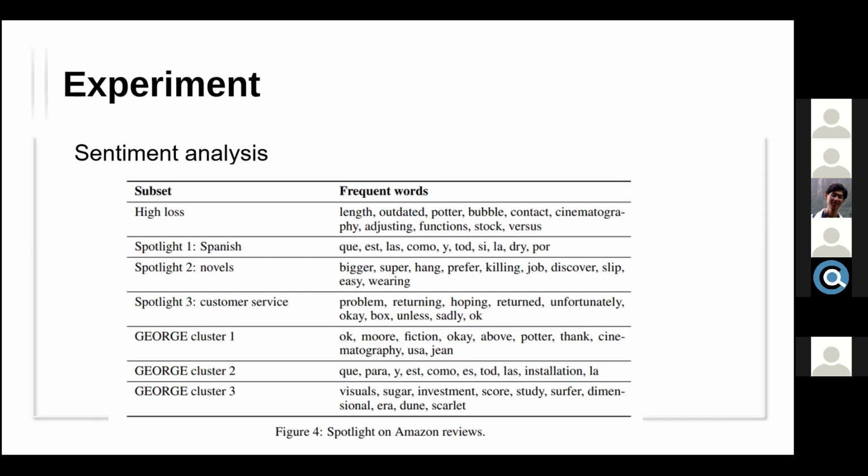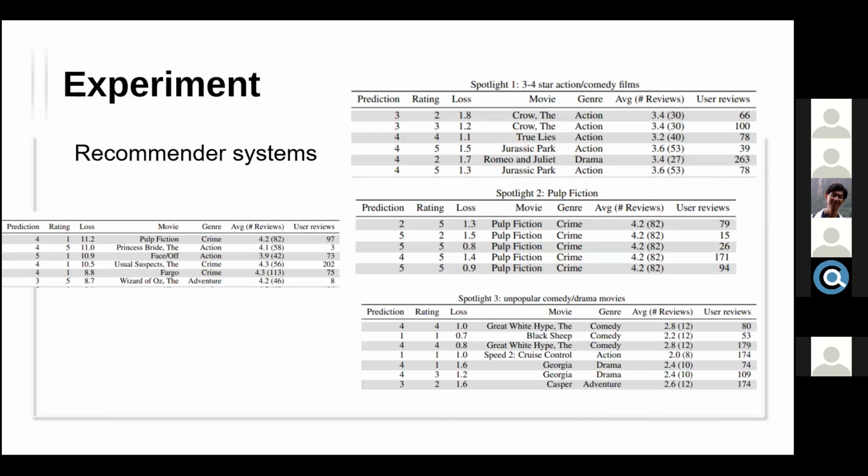Yeah. And then for the recommendation system, this task is given the movie name, the type of the movie, and the reviews, and the model is going to predict people's rating of that movie.